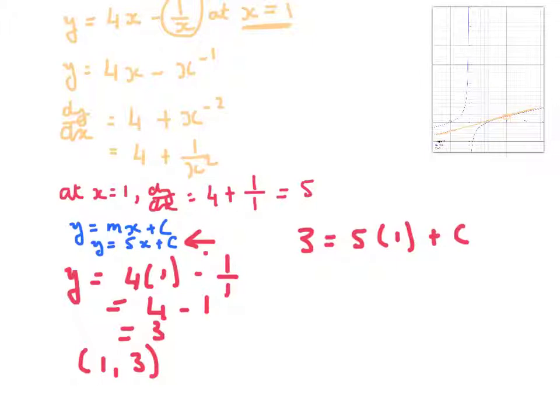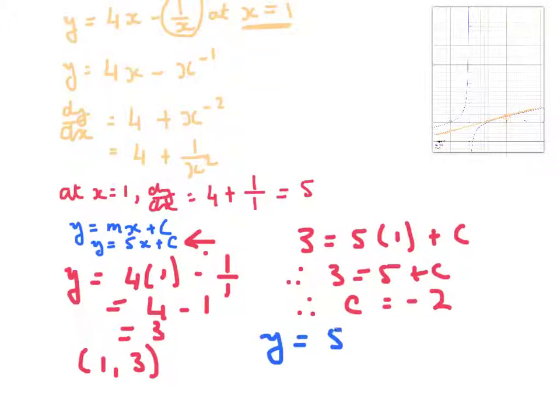Remember, that's what I'm trying to do here, find a value for c. So 3 equals 5 plus c, therefore c is equal to -2. Therefore the equation of my tangent to the curve when x is equal to 1 is y equals 5x minus 2. And that is how we find the equation of a tangent to a curve.